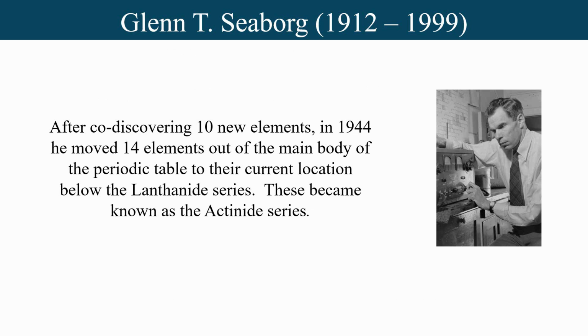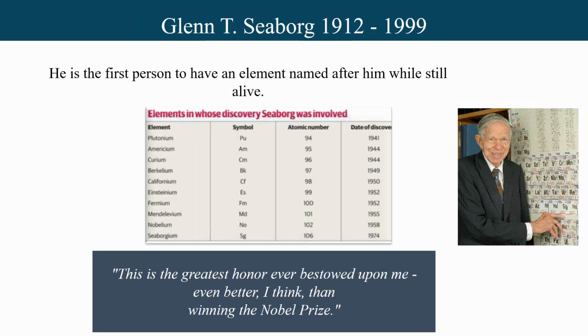So Glenn Seaborg, after co-discovering 10 new elements in 1944, moved 14 elements out of the main body of the periodic table to their current location below the lanthanide series, and now these became known as the actinide series. He is the first person to have an element named after him while he was still alive.